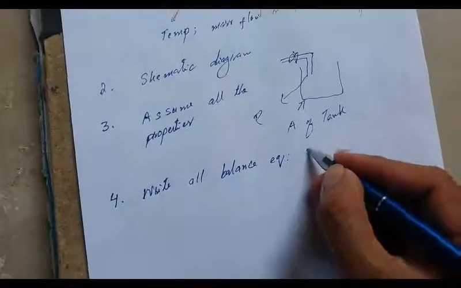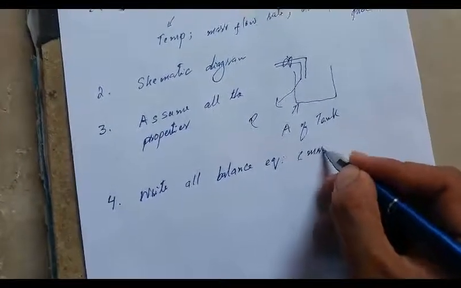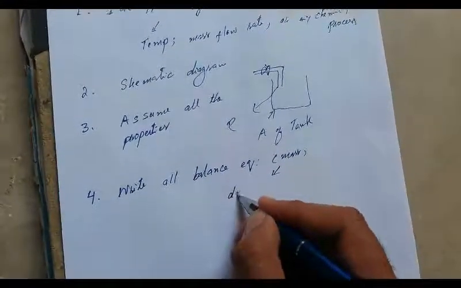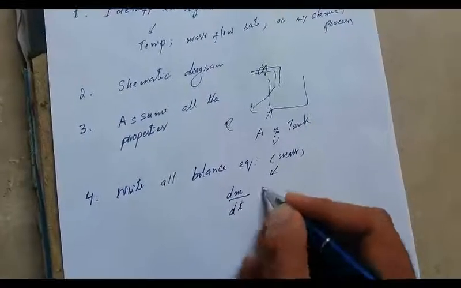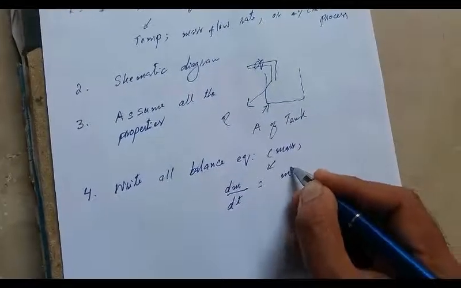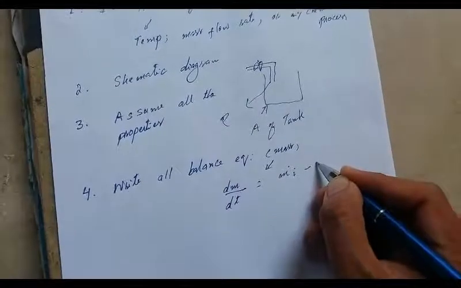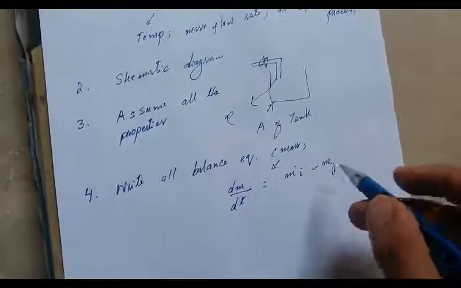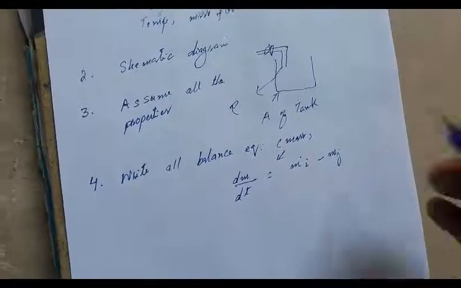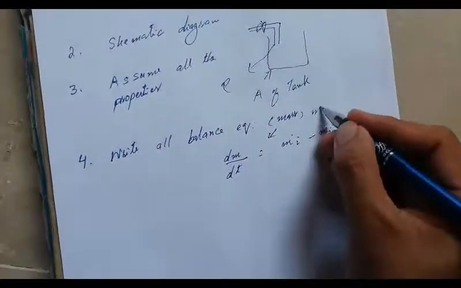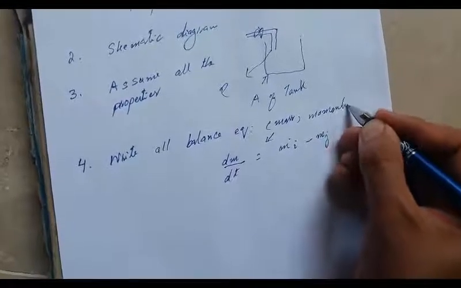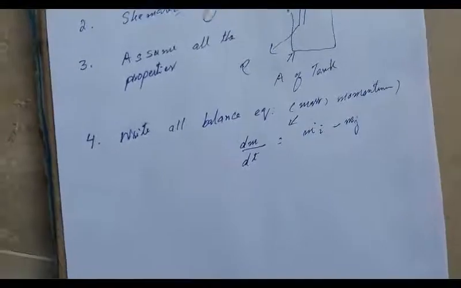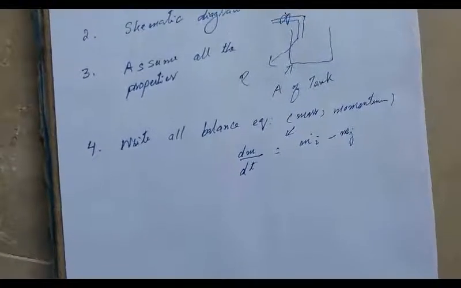For instance, balance equations may be mass, that is, change of mass in the system and mass out of the system. This is the fundamental equation we have studied, and maybe a momentum equation. Actually, which balance equations we write depends upon the inputs of a system. What are the inputs of a system?